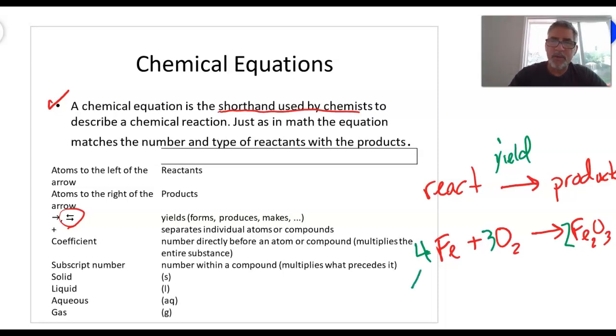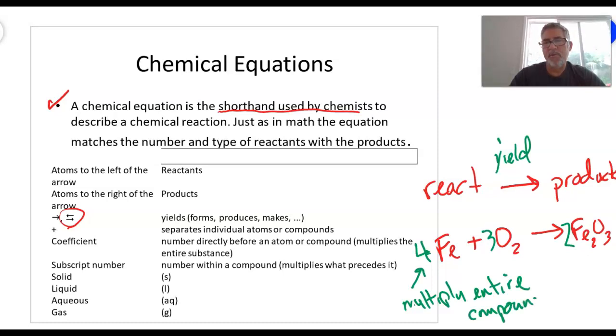So a couple of things. These numbers right here are coefficients, and coefficients multiply the entire compound. We talked about subscripts the other day.